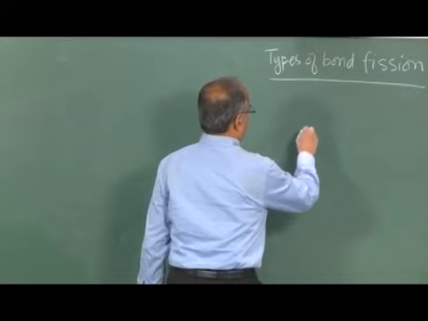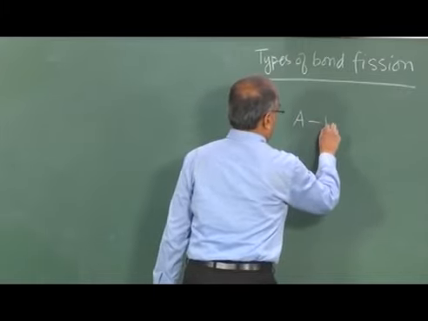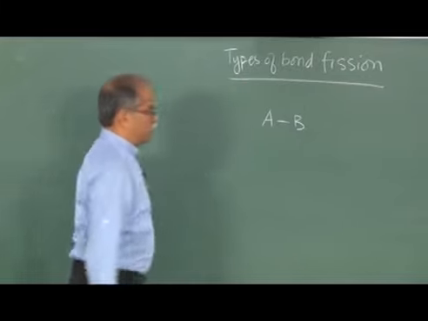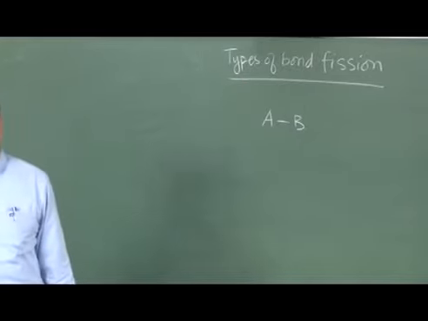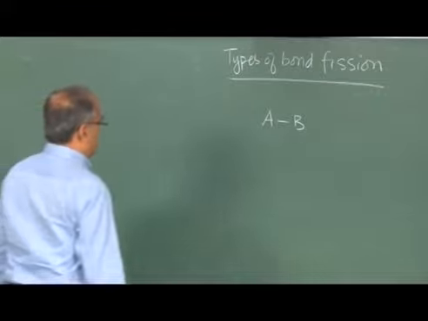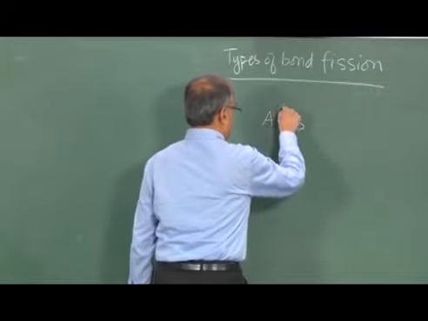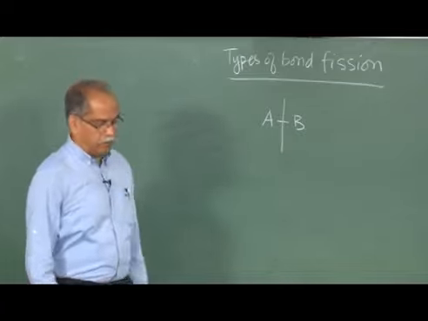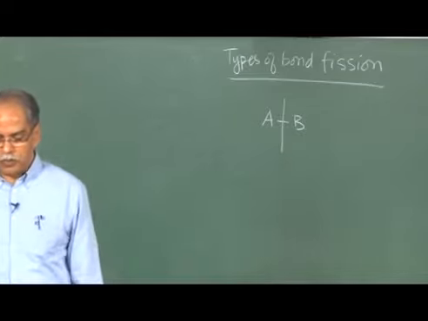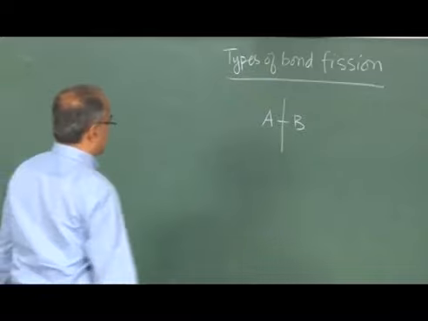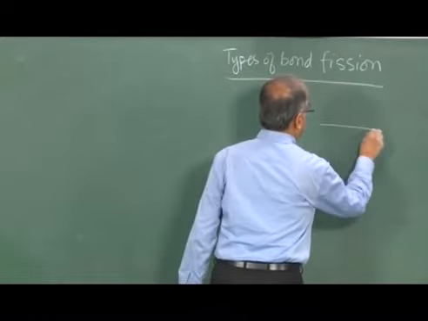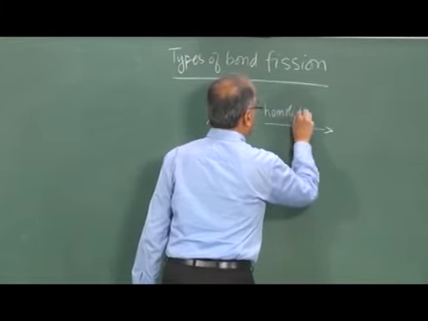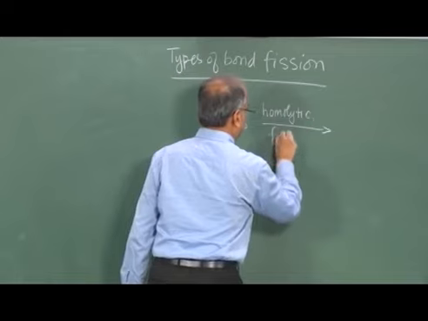Suppose you take a molecule AB. There is a pair of electrons which is the bonding electron between A and B if it is a sigma bond. Suppose the bond breaks in such a manner that they equally share the electron density between the two atoms, then it is called homolytic fission.